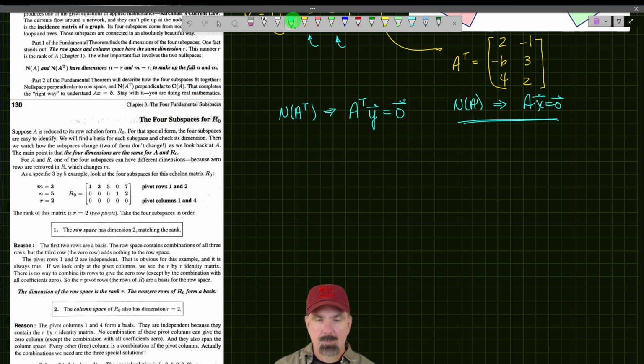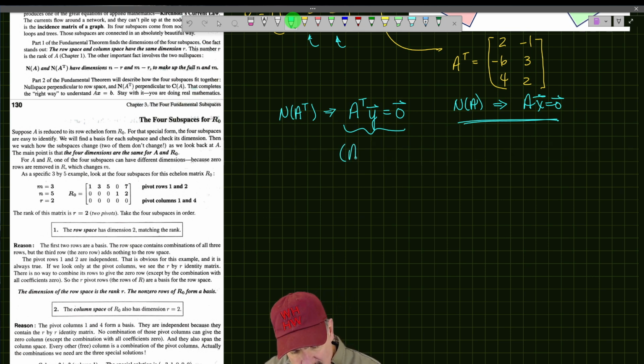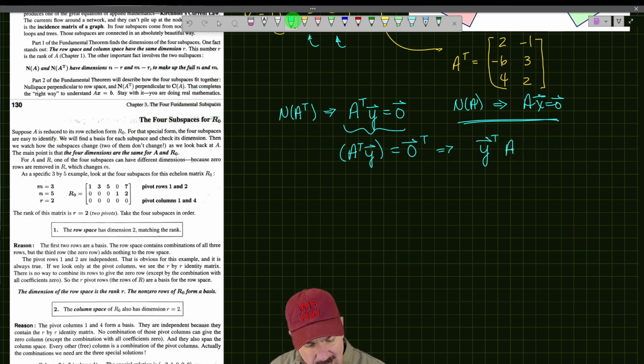The reason it's called left null space is that I'm going to take the transpose of both sides of this equation, which I can certainly do. So when I take the transpose of A transpose y and set it equal to the 0 vector transpose, that gives me y transpose times A equals the 0 vector transpose. Most people, when they write the 0 vector, are not going to put the transpose on it. That is there simply to designate that it's a row vector, but that rarely happens.